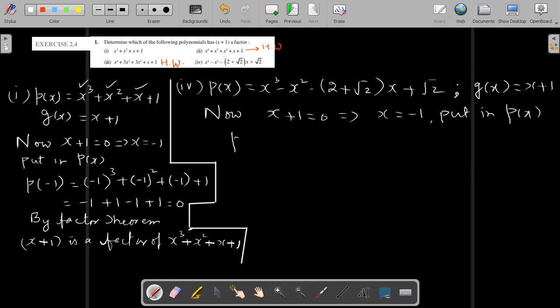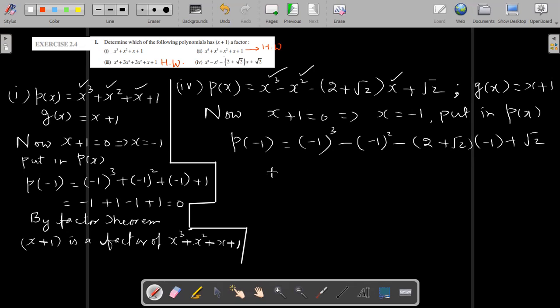So we get p of minus 1 equals minus 1 cubed, x cube minus x square, minus 1 square, minus 2 plus root 2 as it is, then x is equal to minus 1, plus root 2.